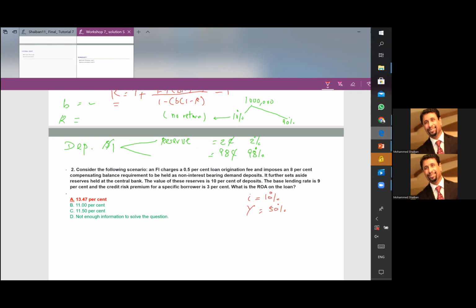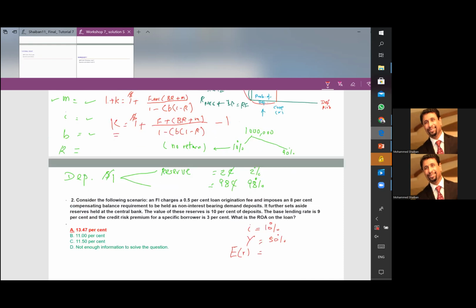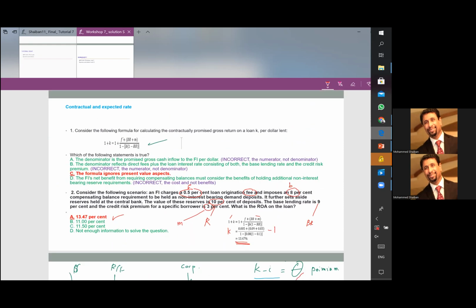And I'm asking you to calculate something called the expected return. The expected return is actually connected to the contractual return, which is this formula. The expected return is the probability of payment times 1 plus K. This is if there is no collateral, okay?